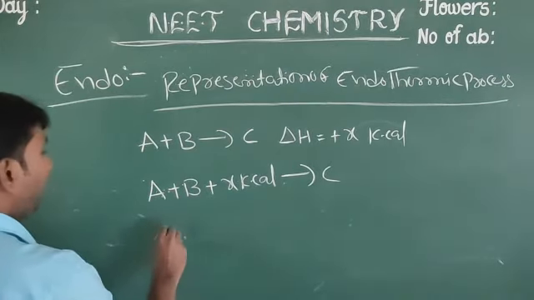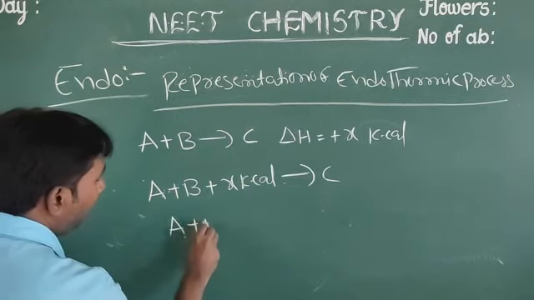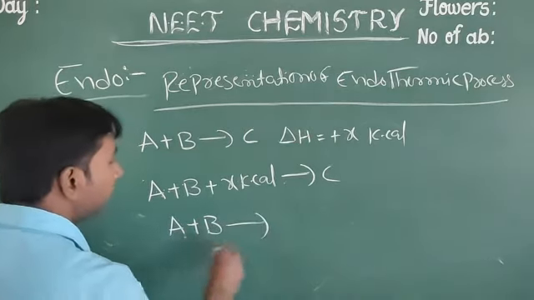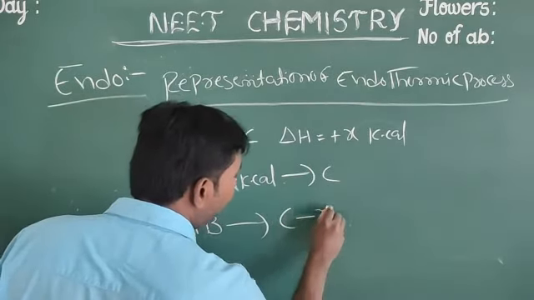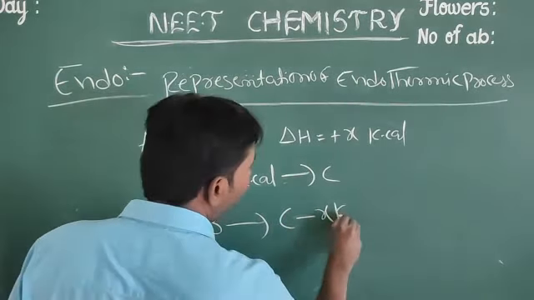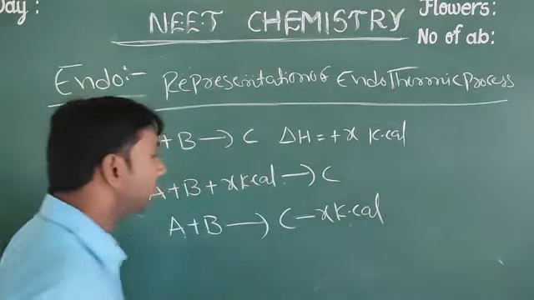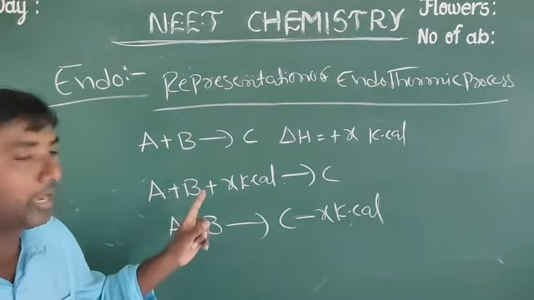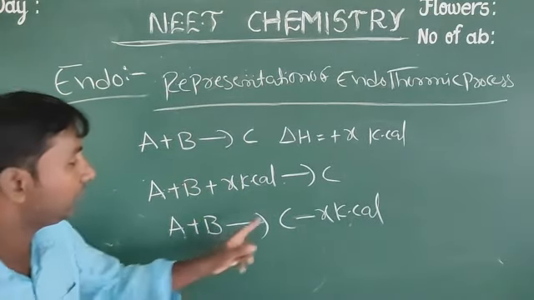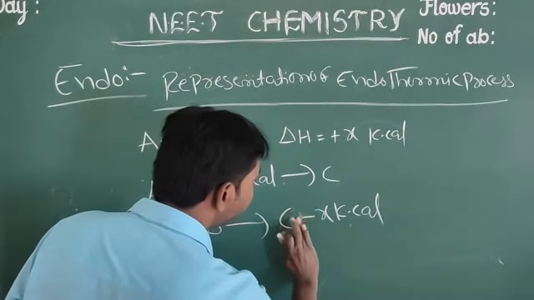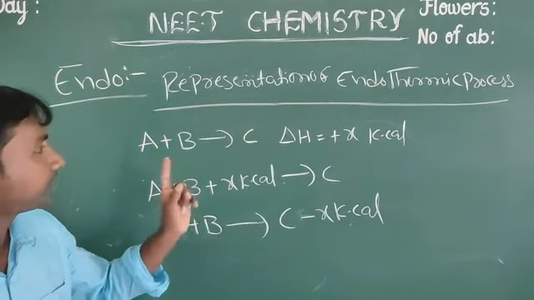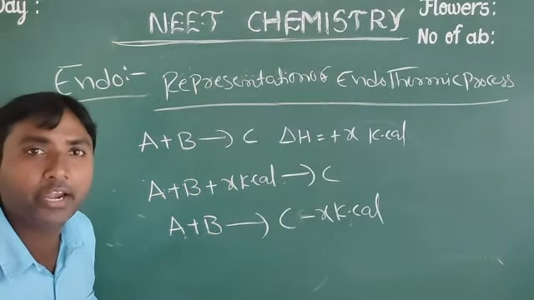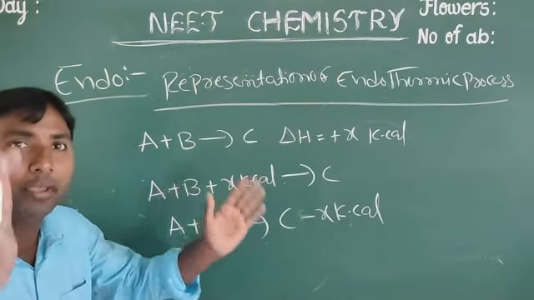Otherwise, A plus B gives C minus X kilocalories. This is also a representation for endothermic. Okay, so these are the representations for the endothermic process.